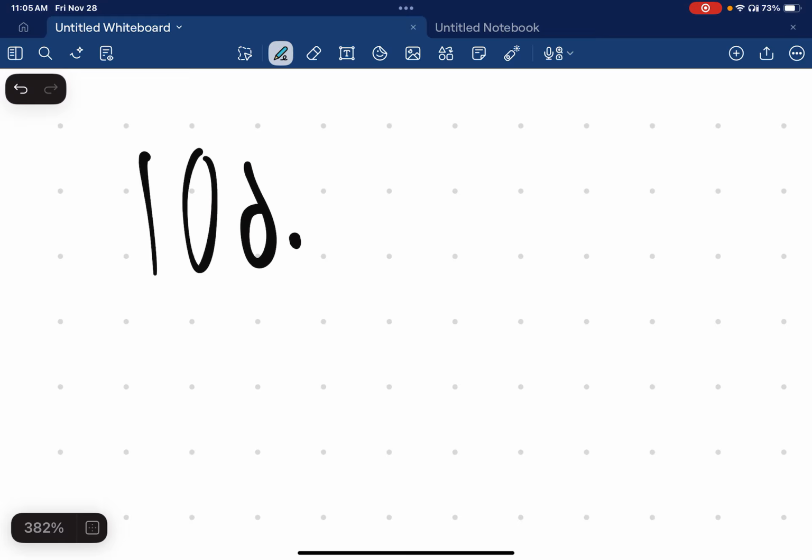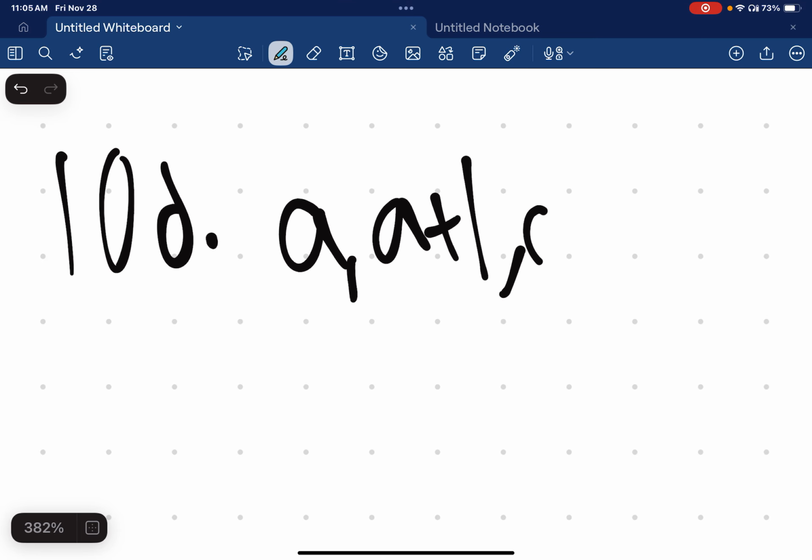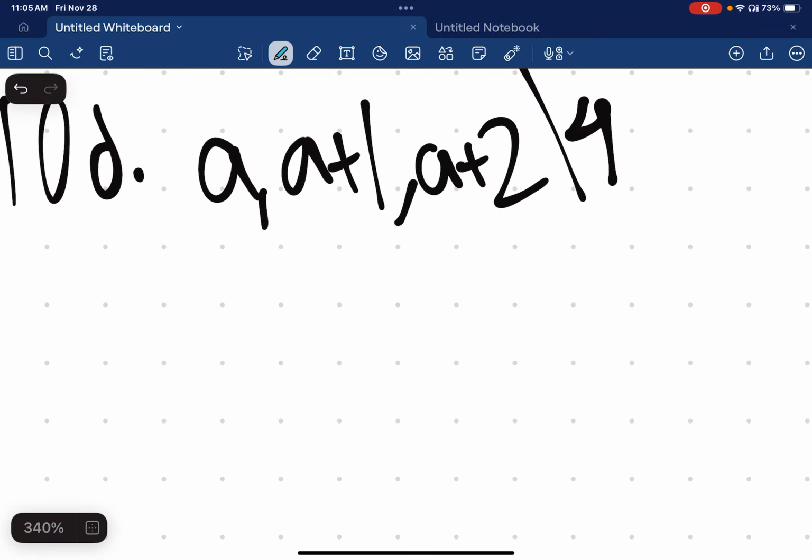10D. The sum of 3 consecutive positive integers is always divisible by 4. Okay, actually, I should write it like this: a plus (a plus 1) plus (a plus 2) is always divisible by 4.